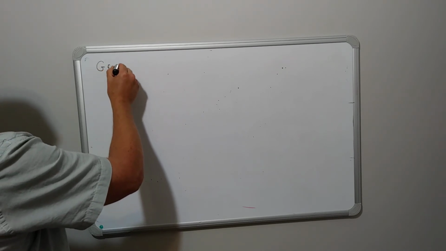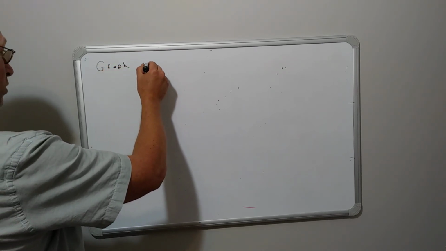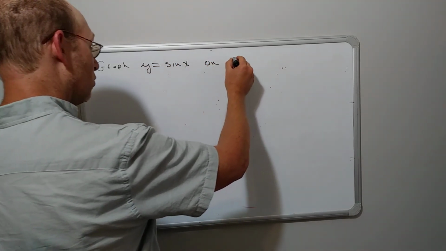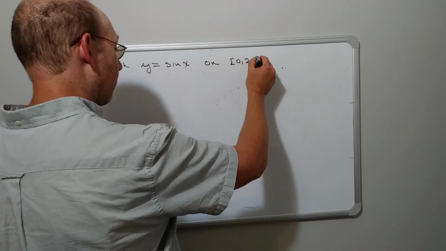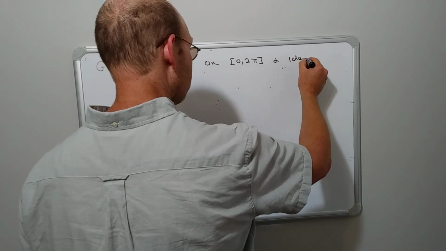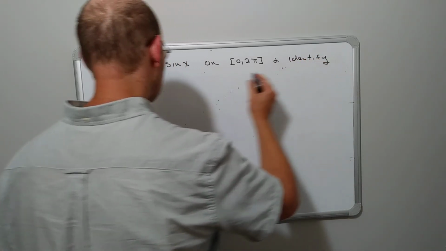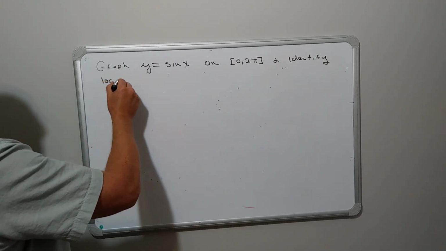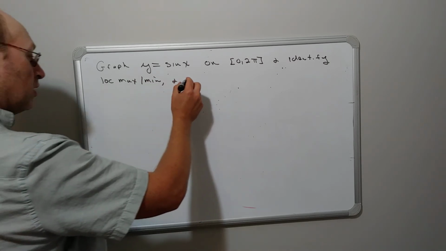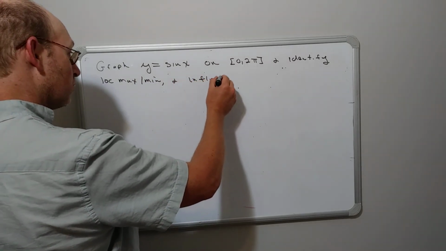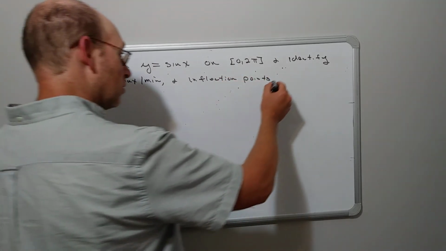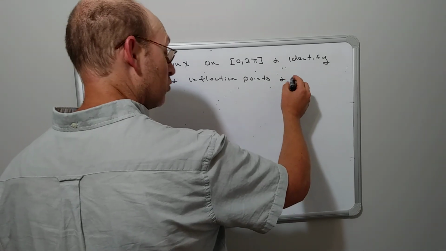Graph y equals sine of x on the interval from 0 to 2 pi, and identify local max and min and inflection points and intervals of concavity.